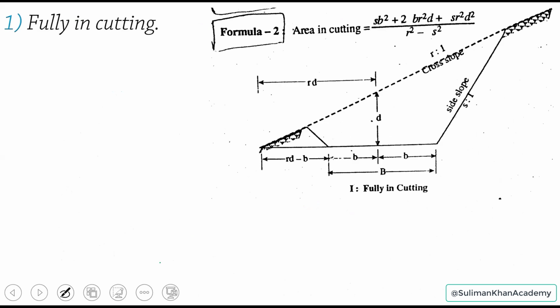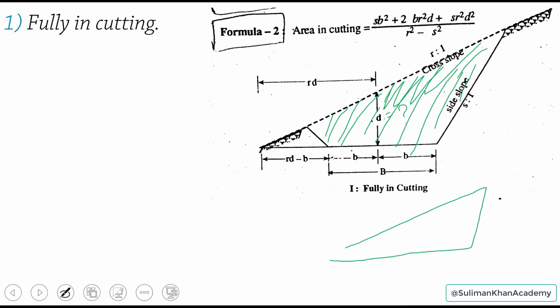If we have cutting such as this, what we have to do is determine the area of the section, and then multiply this area with the length. Now if the depth is different at both ends, then we may use the mean depth. If we are doing this calculation for mean area, let's say this is the section at one end, and there is another section at the other end.